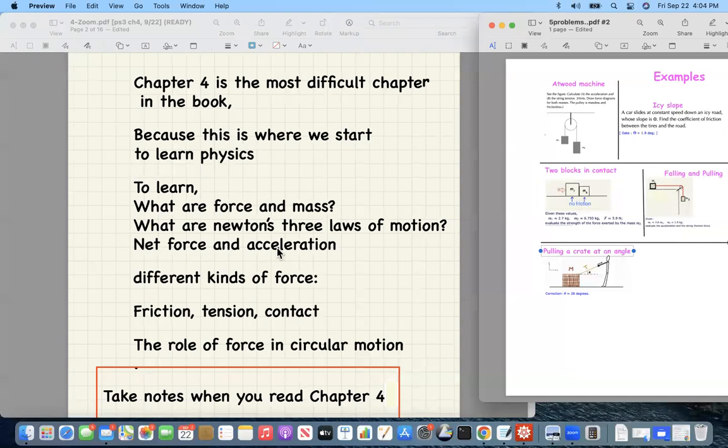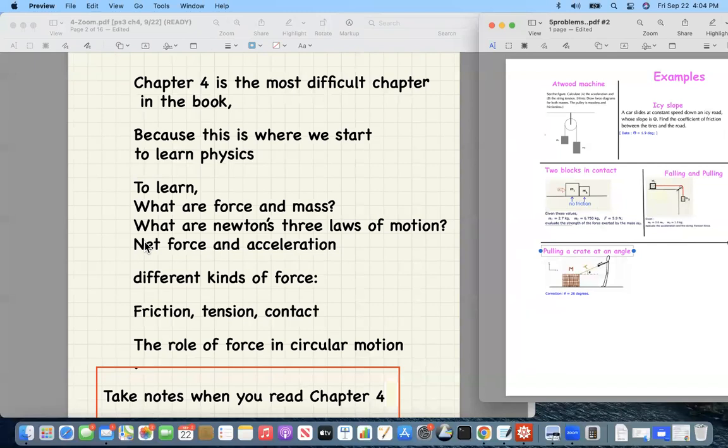Acceleration is the change of motion. Strictly speaking, acceleration is the rate of change of velocity. But in other words, if velocity is changing, then there's acceleration. And that acceleration is related to the net force acting on an object.